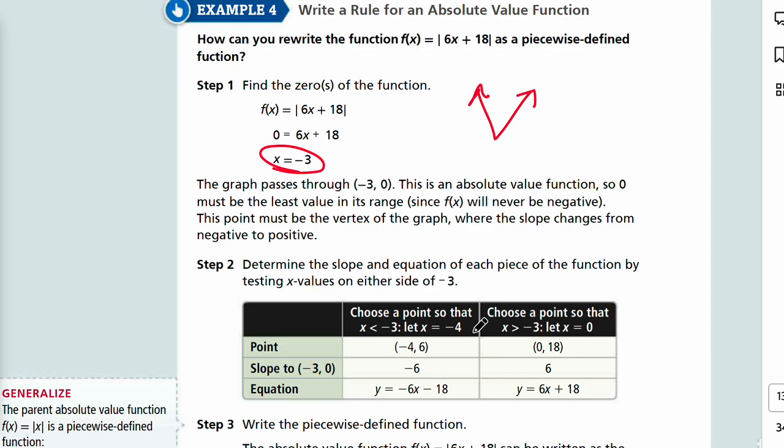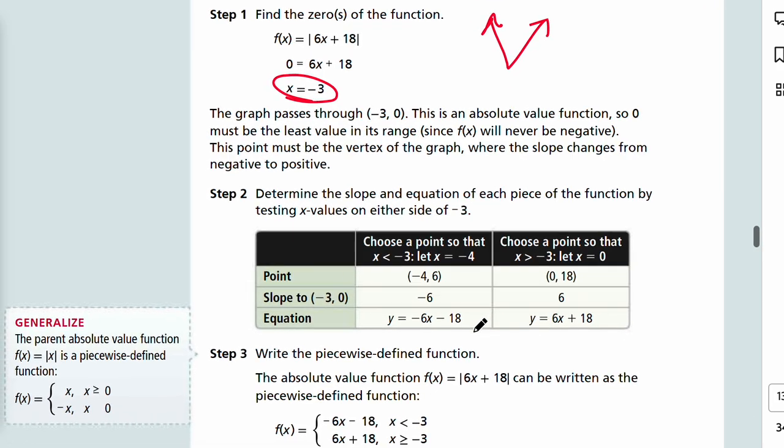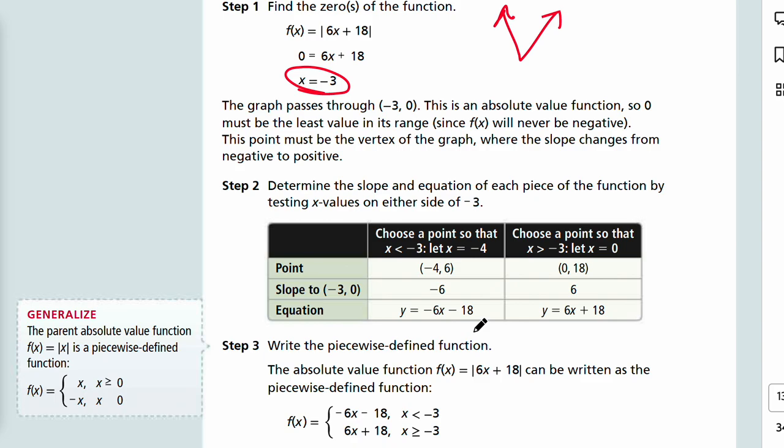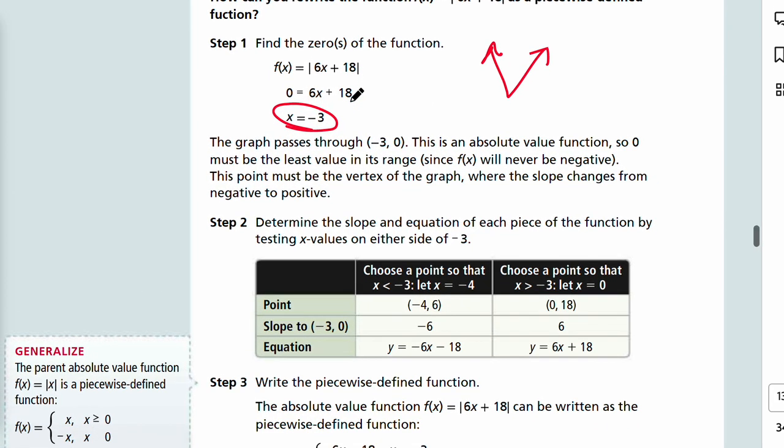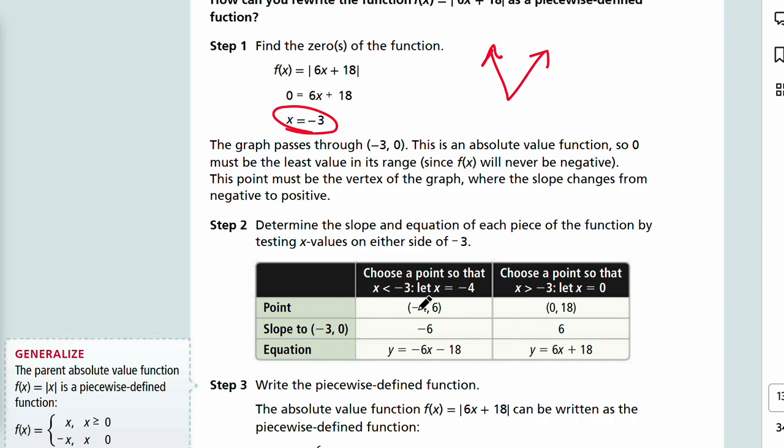So we're going to step 2. We're going to determine the slope and equation of each piece of the function by testing x values on either side of -3. So from -3, that's your minimum value, right? We want to plug in some other points to see if the graph is going down or up, so whether or not it's increasing or decreasing.